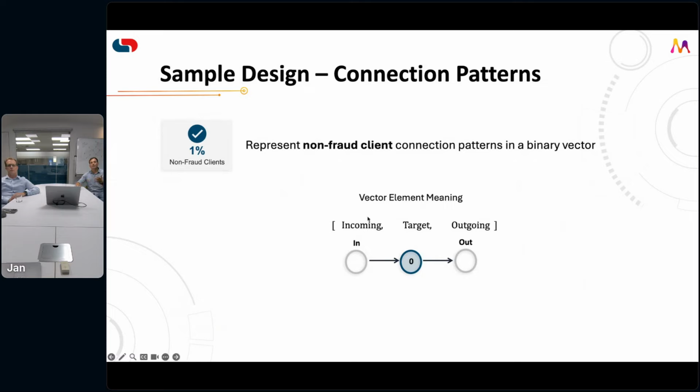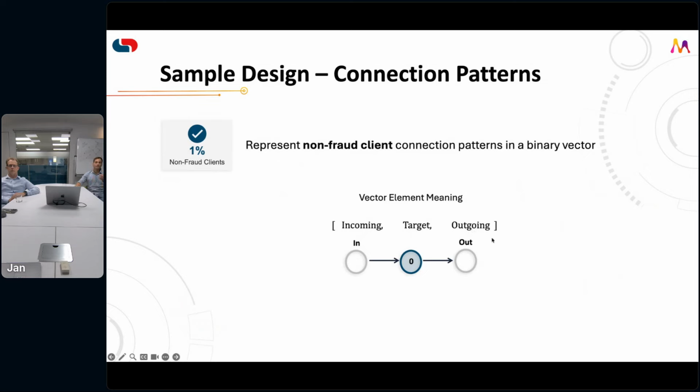And this binary vector represented, the first element is your incoming connections, then your main target non-fraud node, which would be represented by a 0 here in the middle, would always be 0 as it's non-fraud. And then your last element in your vector would represent any outgoing connections.